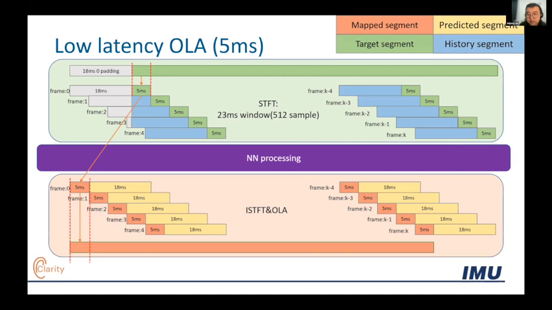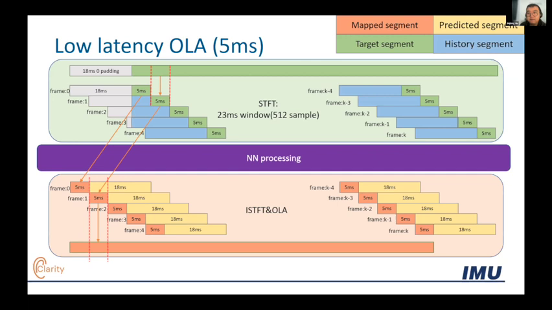This frame can then be processed using the neural network. And then we get the output frame 0. In the training stage, since padding is not applied to the training target, the first 5 milliseconds of the frame 0 is used to predict the target clean speech.